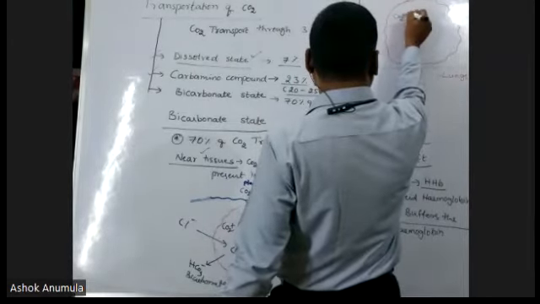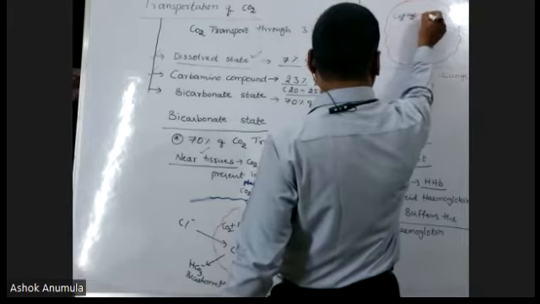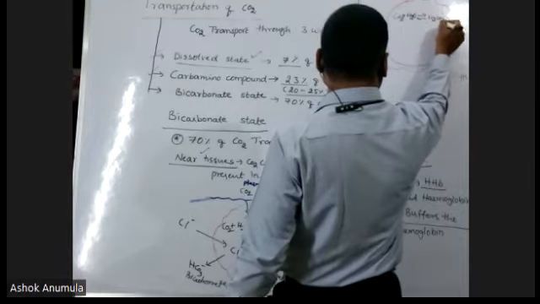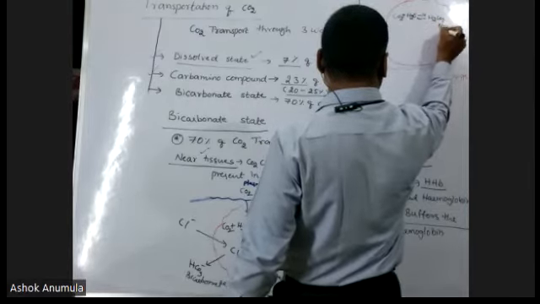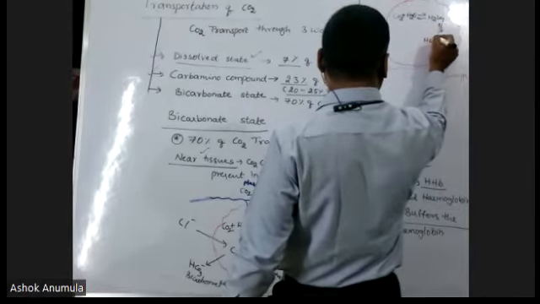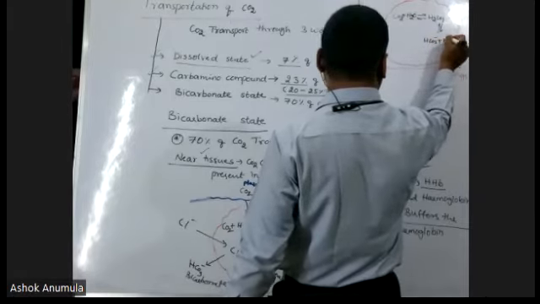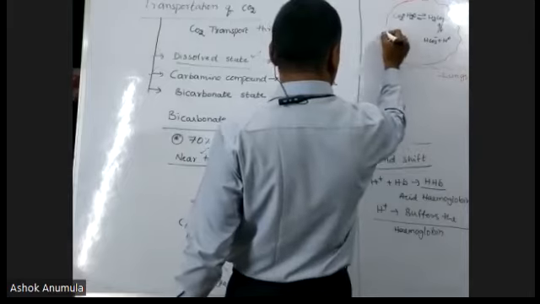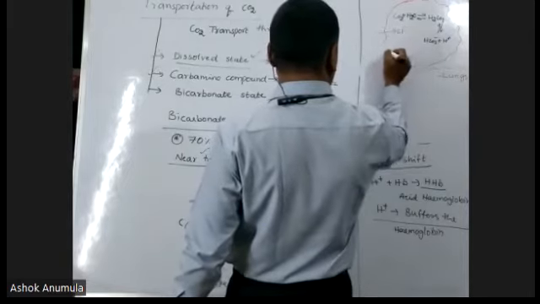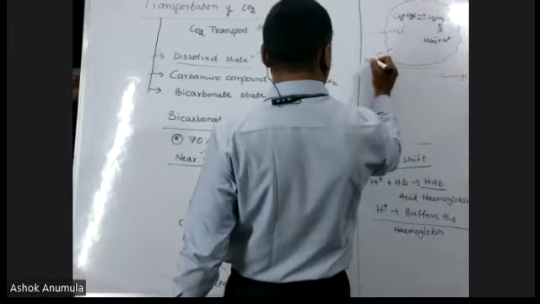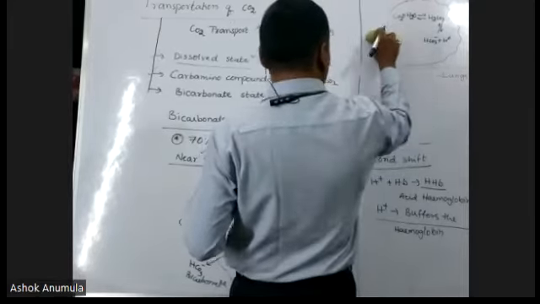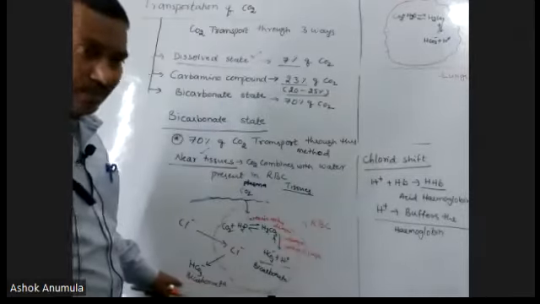When RBC reach the lungs, the CO2 combines with H2O, develops into H2CO3, and immediately splits into HCO3 minus plus H plus. Actually, the HCO3 was already present and it came outside.